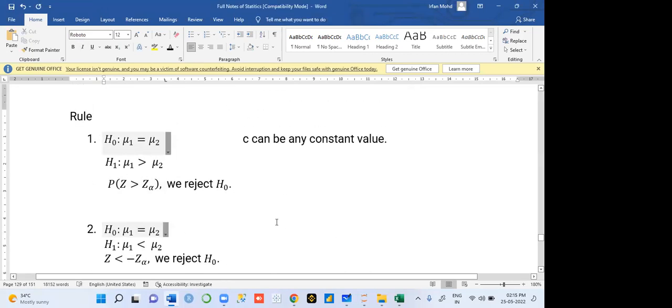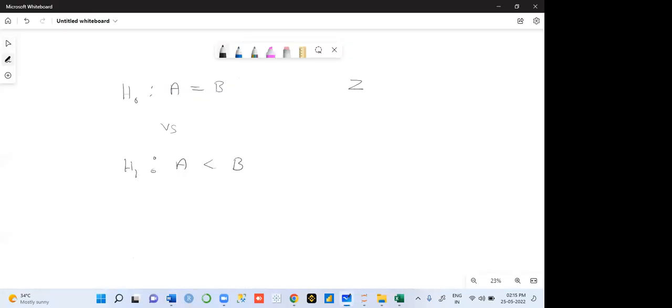Which condition is matching for you? First one or second one? Second one. In the second one, what is the rule? Z value has to be less than minus Z alpha. This is the rule. Z alpha means table value. What is the Z alpha value? 1.64.